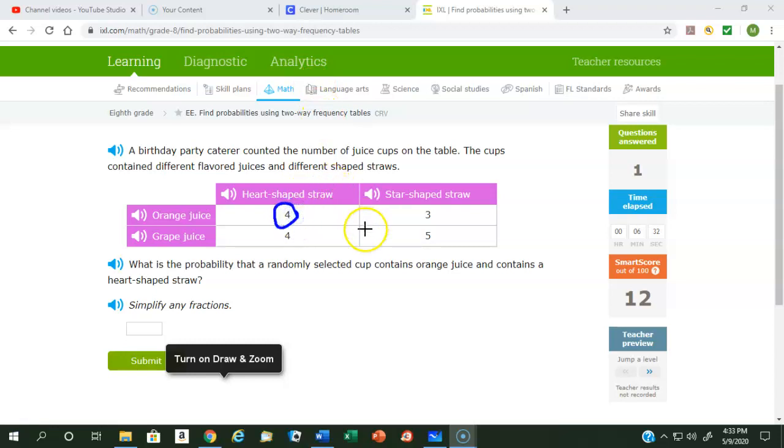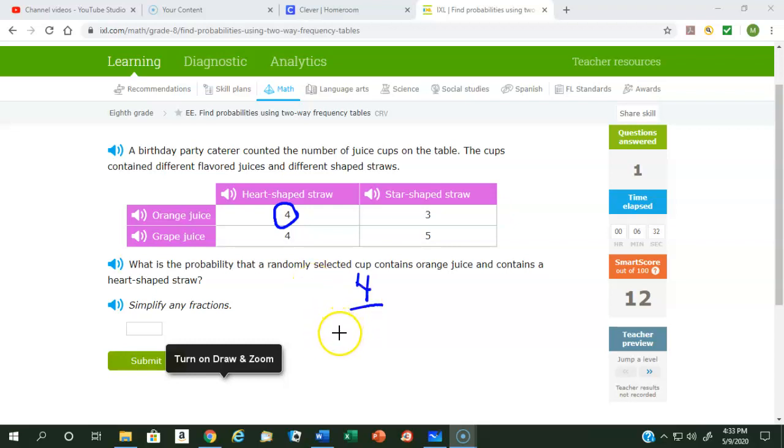There's my 4, so that's the numerator. Not drawing real well with this particular pen, so sorry about that. Then I need the total.